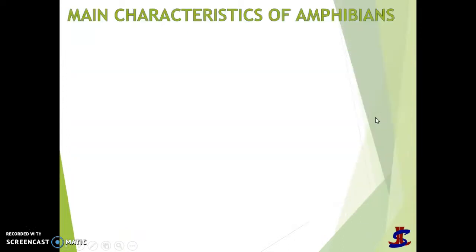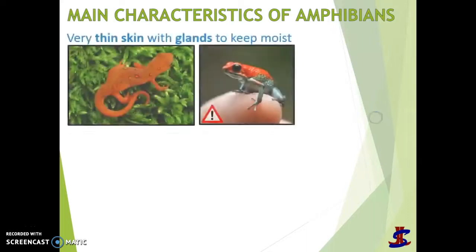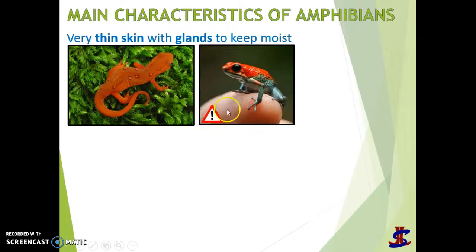What are the main characteristics of amphibians? They have very thin skin with glands to keep moist, so unlike fishes, they don't have scales. Okay, there's something new I have added this time. You see this small signal here.